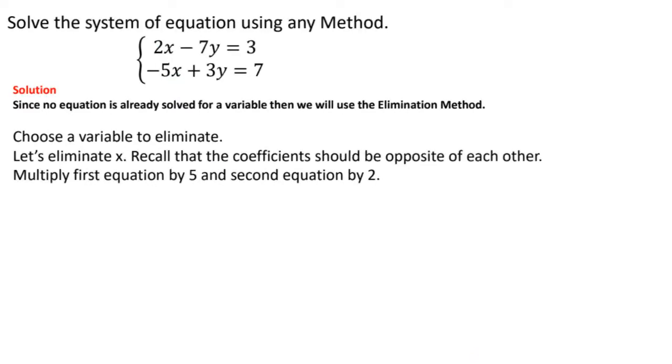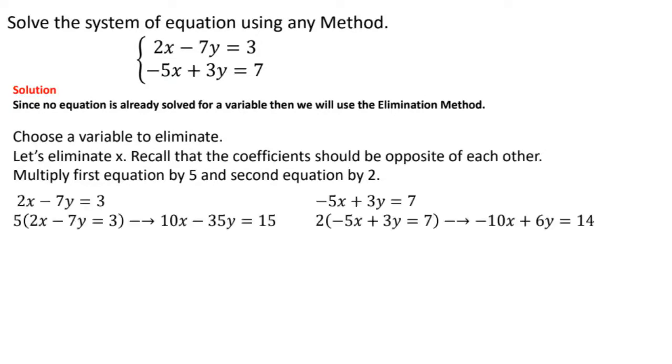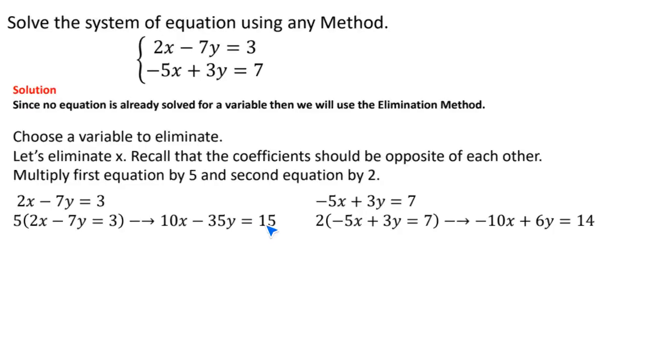So we're going to have to manipulate our equation so that they have opposite numbers. Okay, so I'm going to go ahead and multiply the first equation by 5 all the way across. So 5 times 2x gives me a positive 10x. 5 times negative 7 gives me a negative 35y. And 5 times 3 is 15.